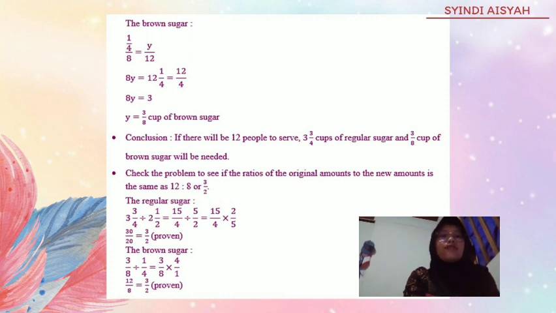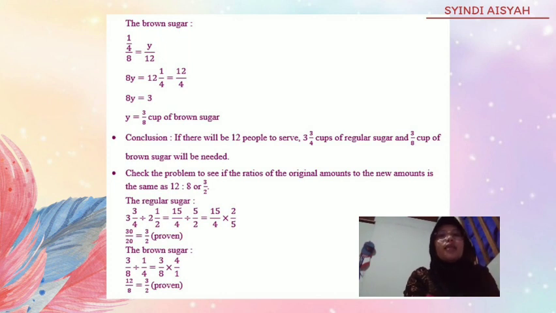Check the problem to see if the ratio of the new amounts to the original amounts is the same as 12 divided by 8, or 3 over 2. The regular sugar: 3 and 3/4 divided by 2.5 equals 15 over 4 divided by 5 over 2 equals 15 over 4 times 2 over 5 equals 30 over 20 equals 3 over 2, proven.